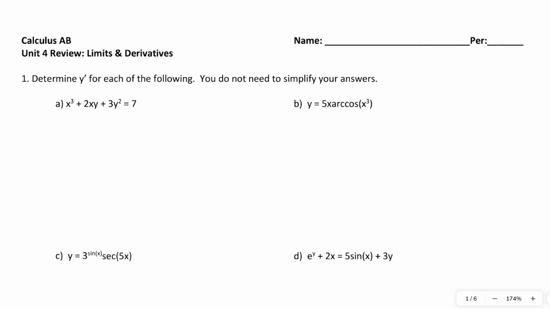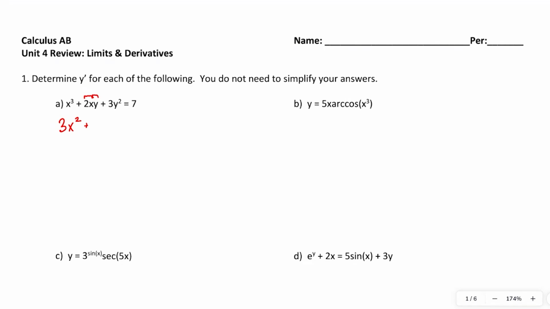So I'm going to differentiate both the left and the right-hand side. So I'm going to take the derivative of both of these sides. The derivative of the left-hand side with respect to x is going to be 3x squared. And then I'm going to have to use product rule on this second term, where the first factor is 2x and the second factor is y.